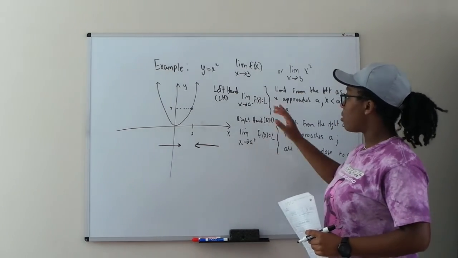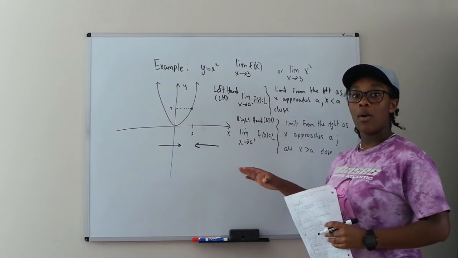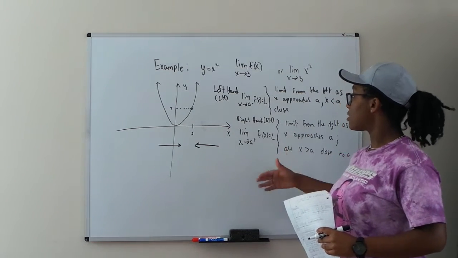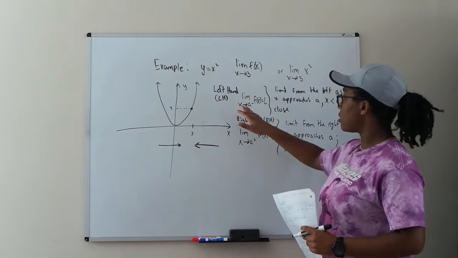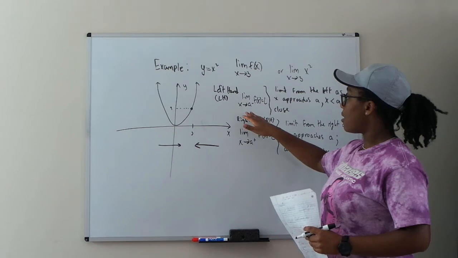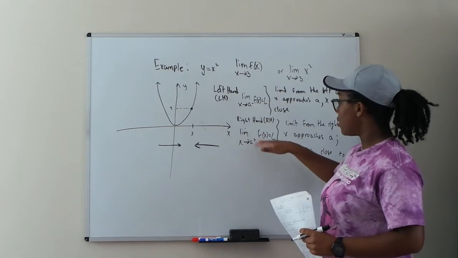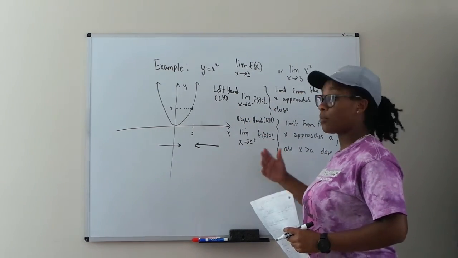Well, these are the components that break down what the limit as x approaches a of f of x is. So it's the limit as x approaches a from the left side, and then the limit as x approaches a of f of x from the right side.